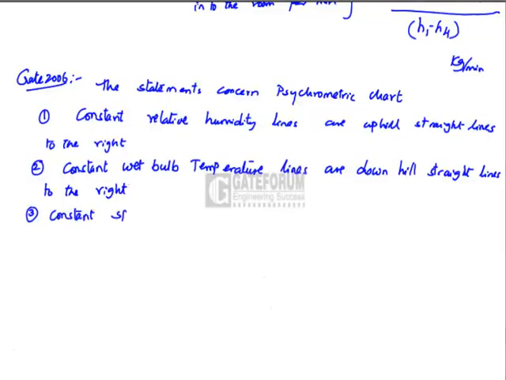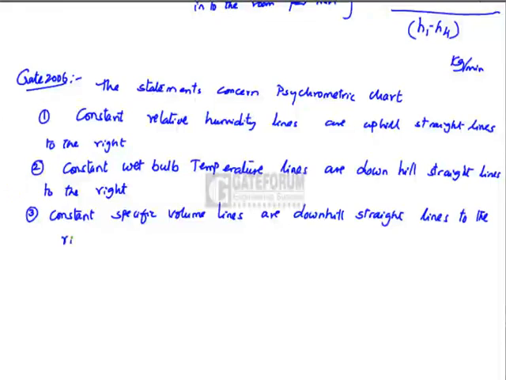Number 3. Constant specific volume lines are downhill straight lines to the right. Number 4.